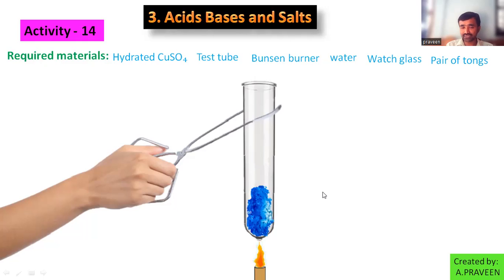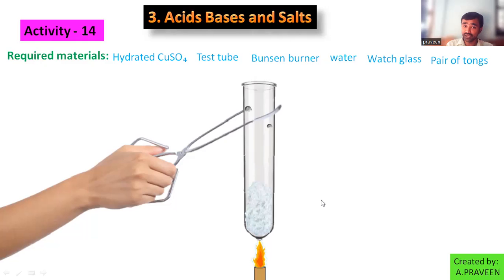While you are heating, are there any changes in the color of the salt? And did you see any formation of water droplets on the inner walls of your boiling tube? While heating, you are able to see the salt turning white in color. See, the blue colored salt is changing into white crystalline solid.